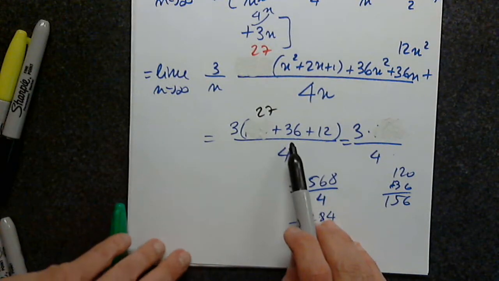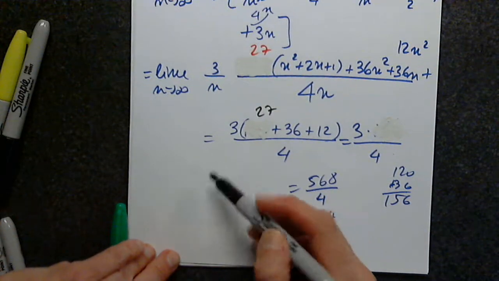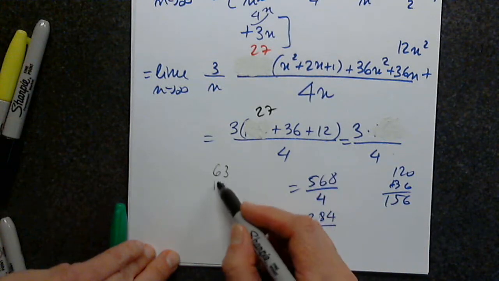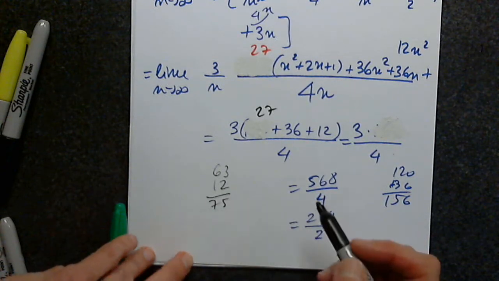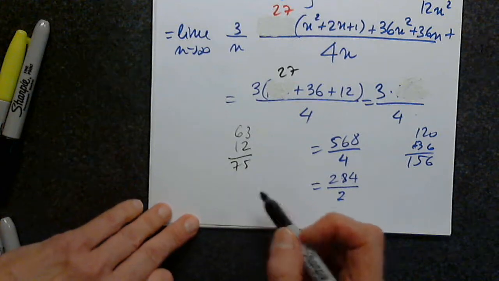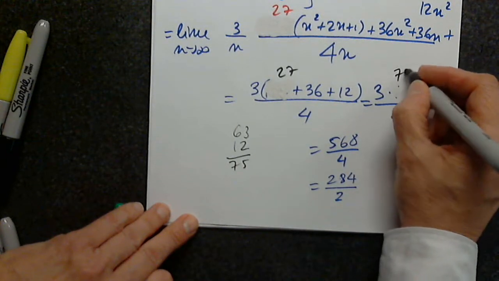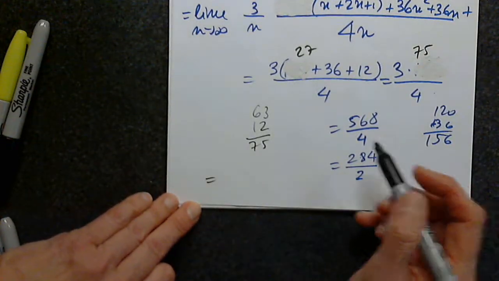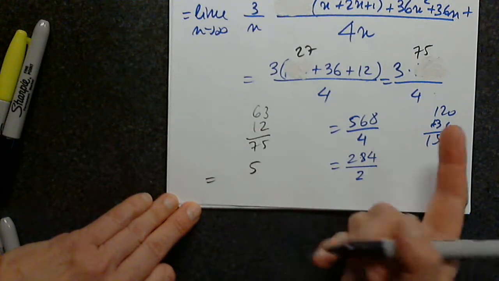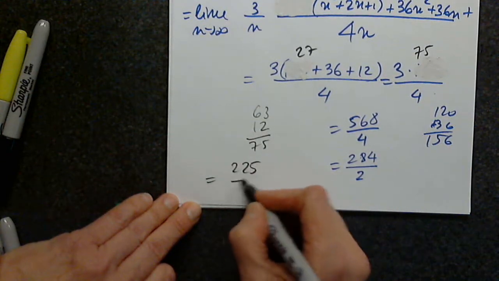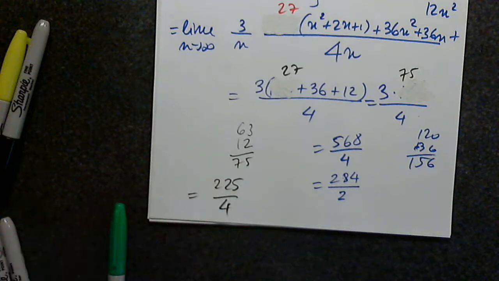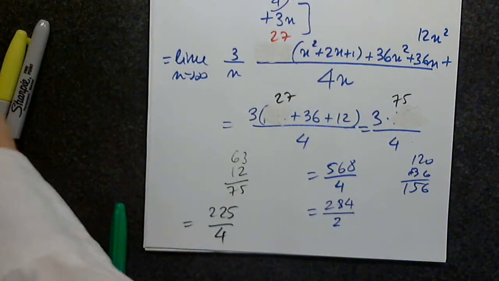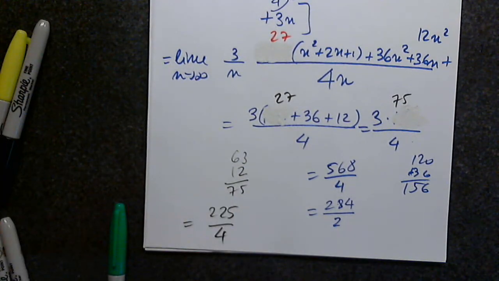So 27 plus 36 is 63. 63 plus 12 is 75. Times 3. So this is 75. So that's 225 over 4. And that's what I had to come up with. Yes, so it works. So don't try to make that up.